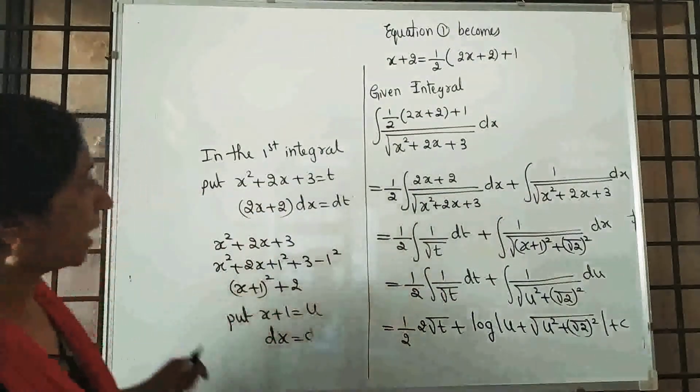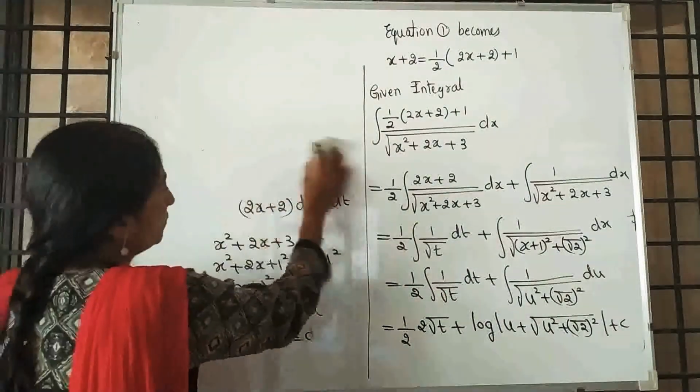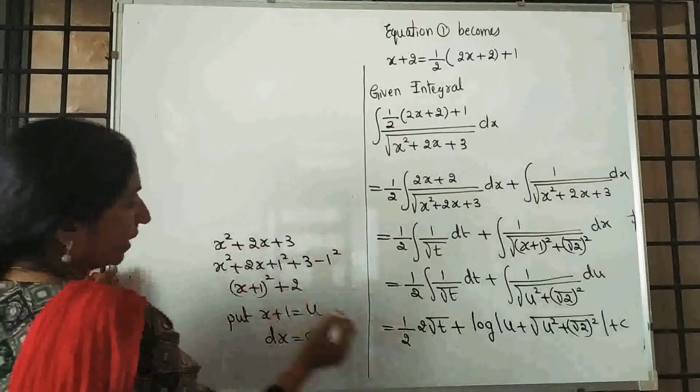Write all the t and u values. 2 get cancels.